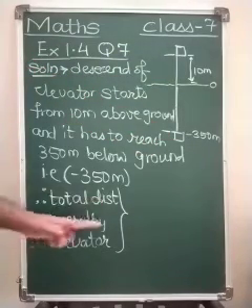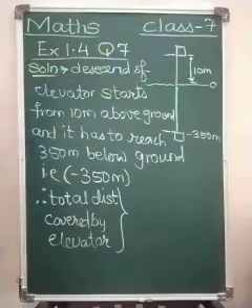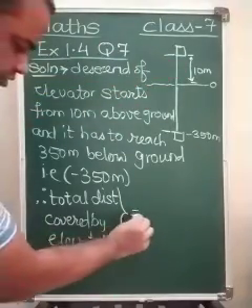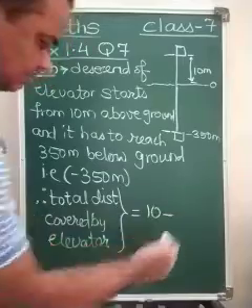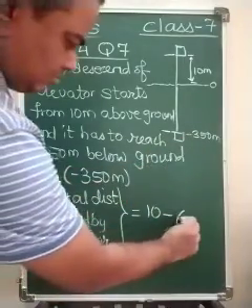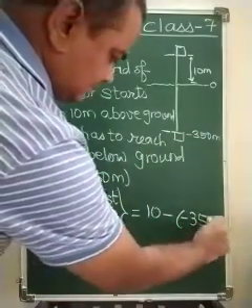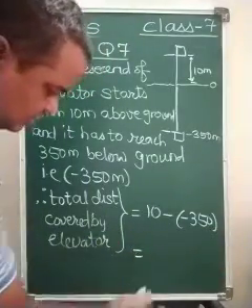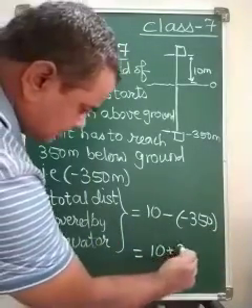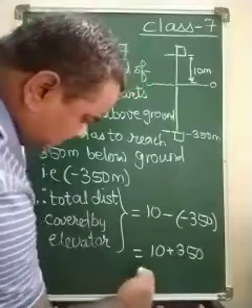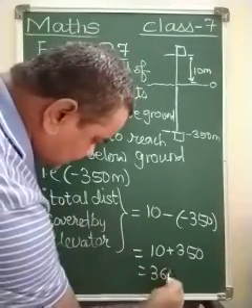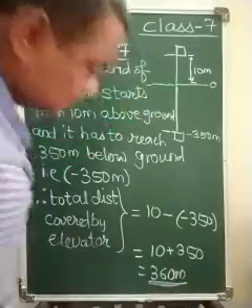So total distance covered by elevator, since 10 is the bigger number, equals 10 minus of minus 350. So this equals 10 plus 350, this equals 360 meters.